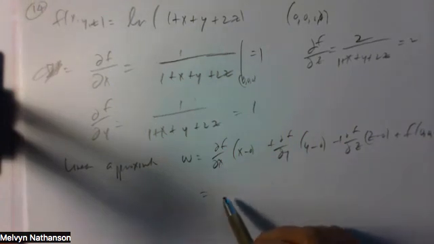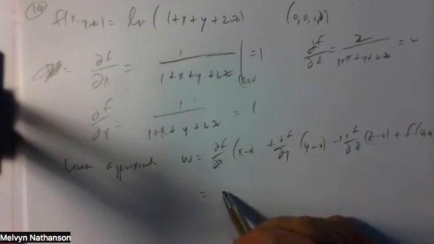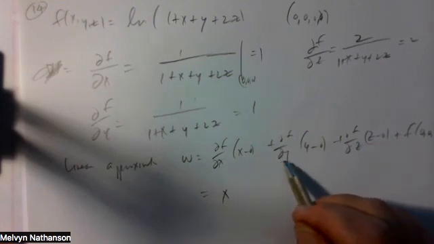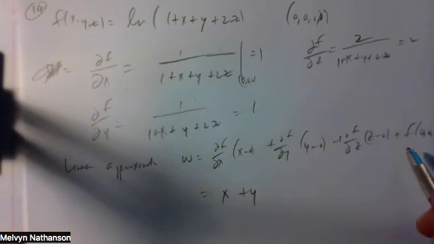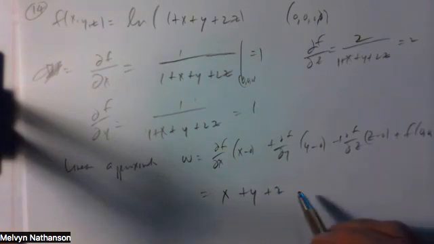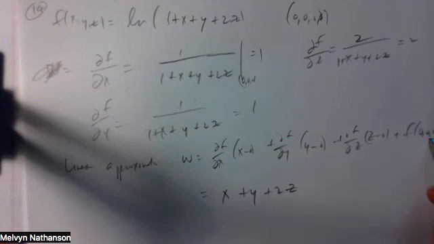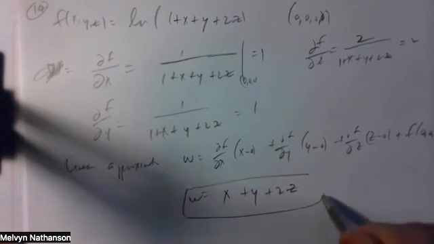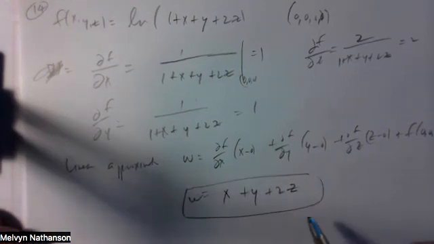This partial derivative is 1, so this is just x. This is 1 times y. This is 2 times z, and f of 0, 0, 0 is 0. So this is my linear approximation.